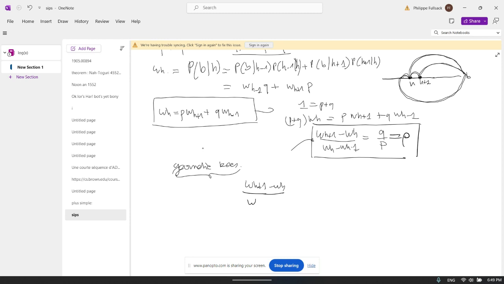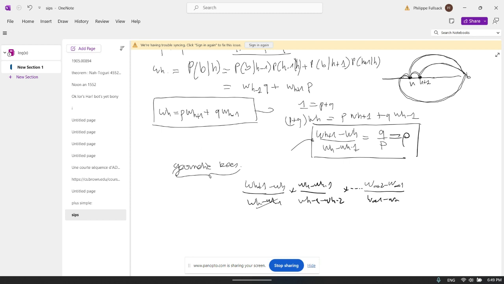I can divide this by WH minus WH minus 1, multiply that again, like this, and continue to decrease H, until I arrive at WA plus 2 minus WA plus 1 divided by WA plus 1 minus WA.